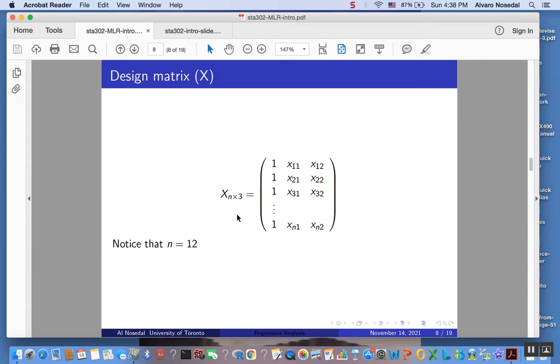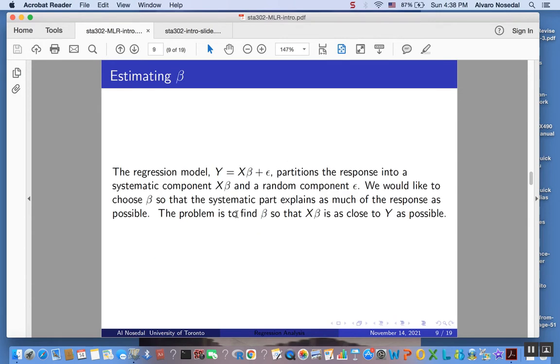Now let's recall a little bit of the things that we have learned, and how we are going to be extending those ideas from the simple linear regression model to derive solutions for this kind of problem. Thanks to our matrix representation, we were able to rewrite the regression model like this, right?